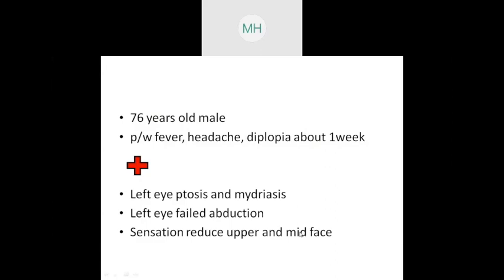So you know that this involves the third nerve and also the sixth nerve on the left side, and some reduced sensation, so cranial nerve 5, trigeminal. So 3, 6, 5. But the trigeminal is affected only in the upper and mid face. So you have to know where the lesion is, where all these cranial nerves are bundled together. Roughly where?